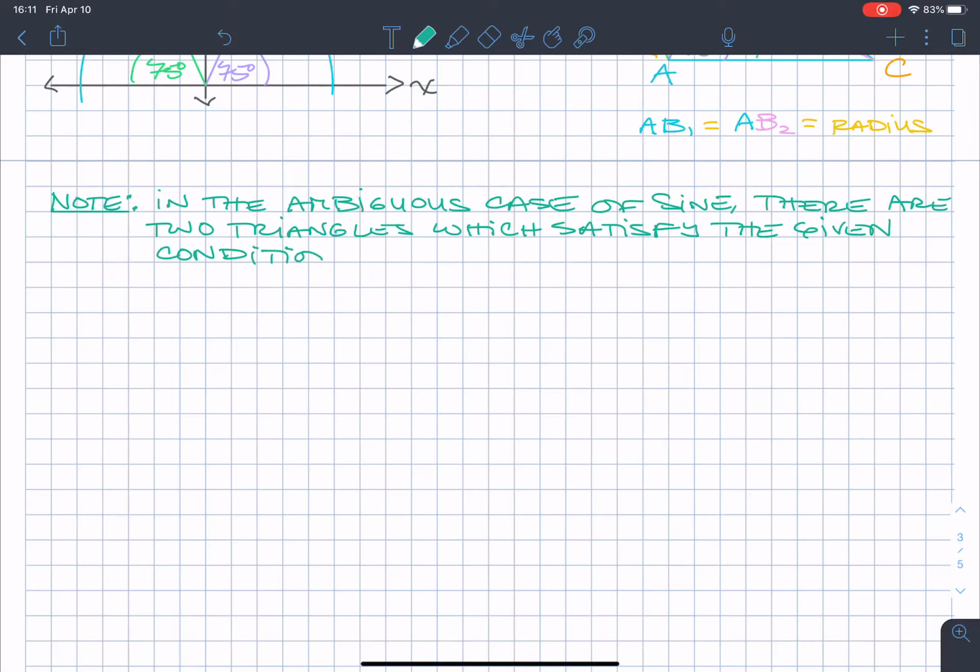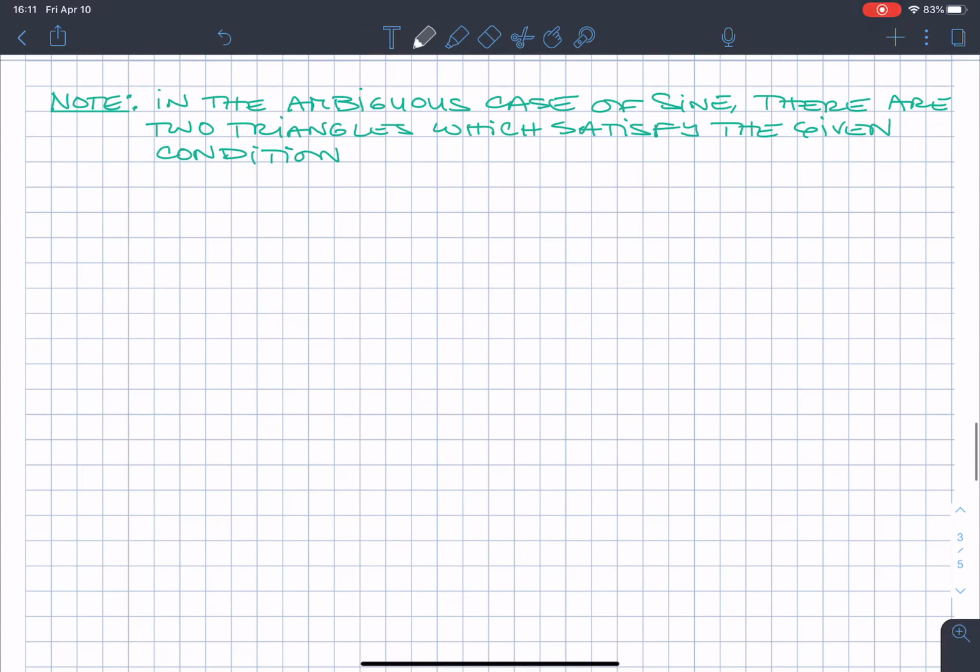Okay, so let's see this in action with a couple examples. So for example, let's consider triangle ABC such that the measure of angle A is 60 degrees.